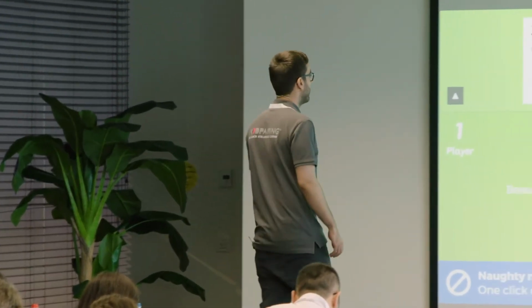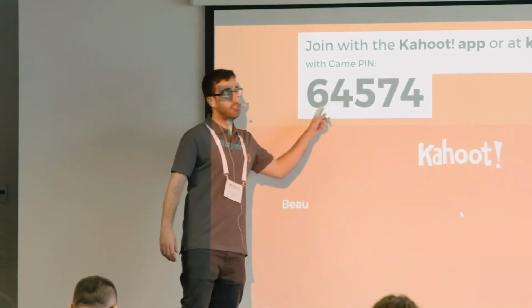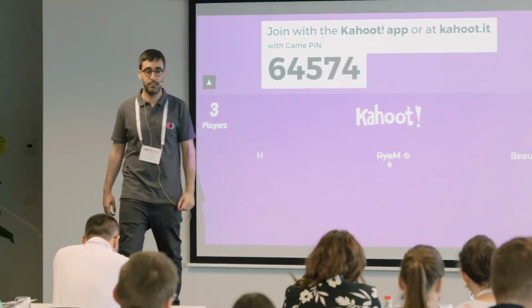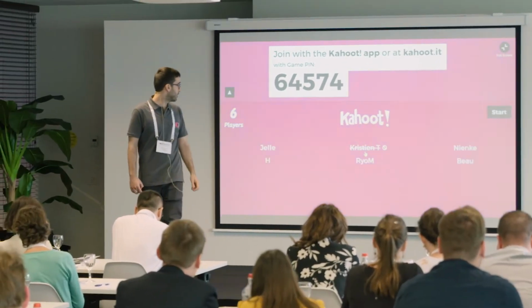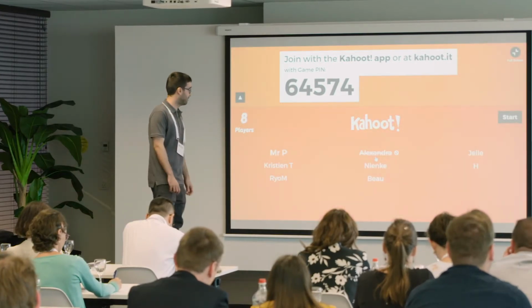OK, we have someone quite fast. And then you need to put in this code. You will see a screen, and then it will ask for this code. Then you can put your nickname or name, whatever you want. OK, we have some players already.